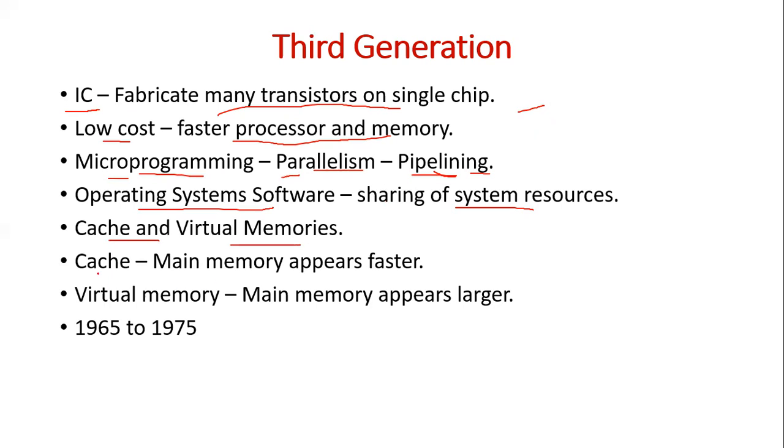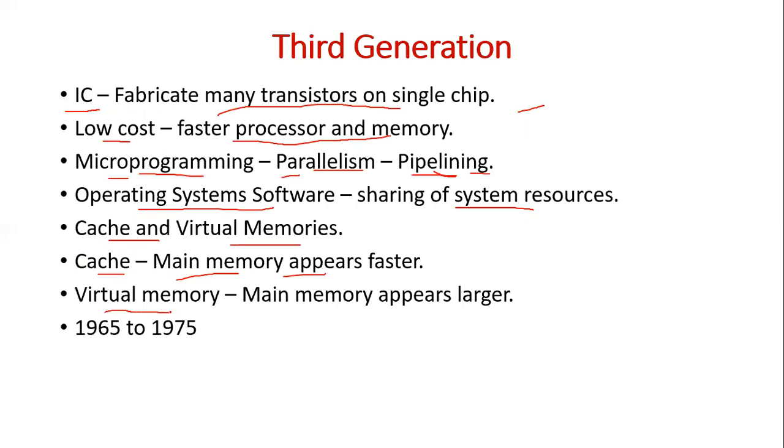Cache memory, as we know, is the high speed memory placed between the main memory and the CPU. Because of the cache memory, the end user will feel as if the main memory is working fast, because most of the frequently used data will be available in the cache memory. So cache memory makes main memory appear faster.